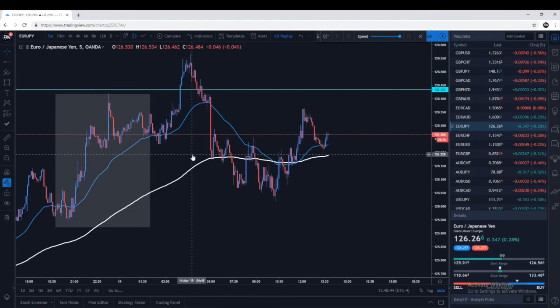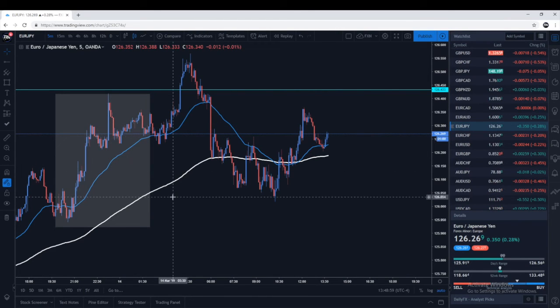So very important for you to just wait and let them do what they do, right? Let them show you the cards first. Don't jump the dealer. All right? Don't jump the gun. Let them show you first. Okay? The reason is because the majority of the time, you're not going to get a trade out of the edge.